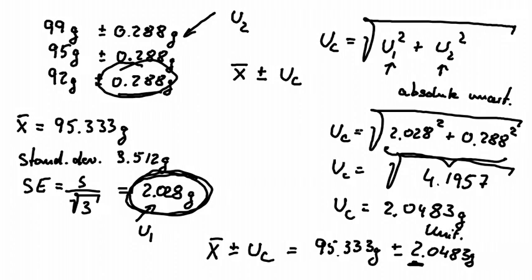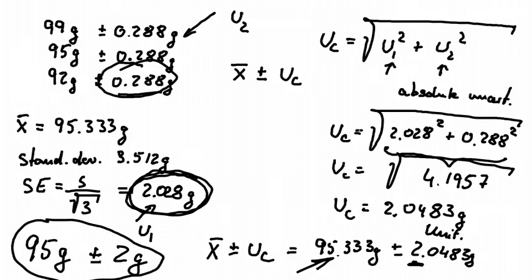So we would report only 2 grams. We would adjust our measurement so that we have the same amount of decimal places, so it would be 95 gram plus minus 2 grams. And this is basically how you calculate a combination of sample uncertainty with a resolution uncertainty.